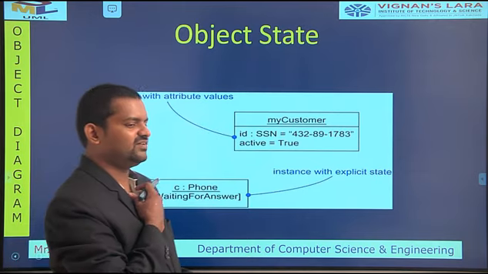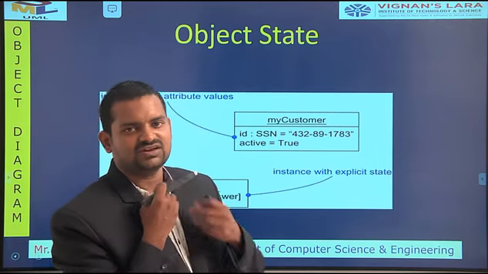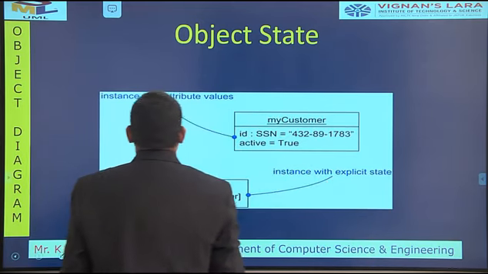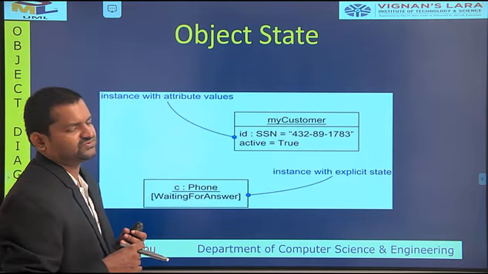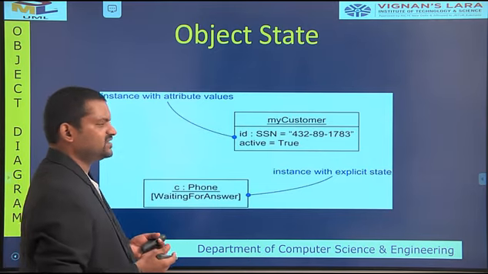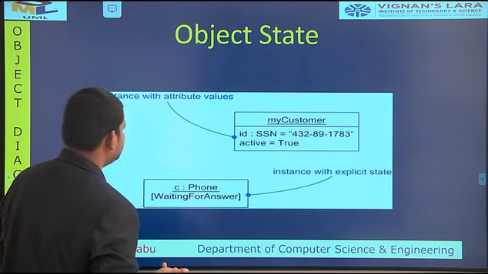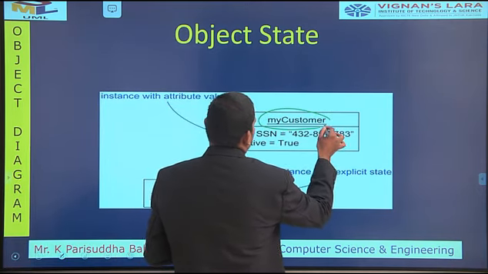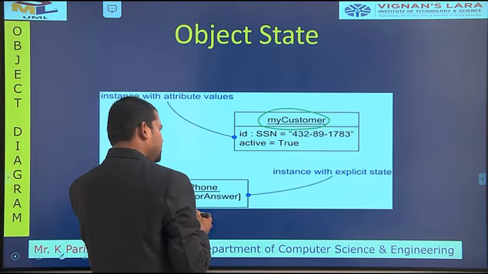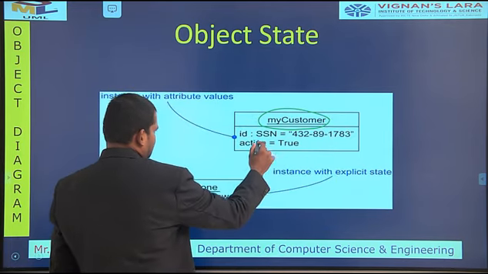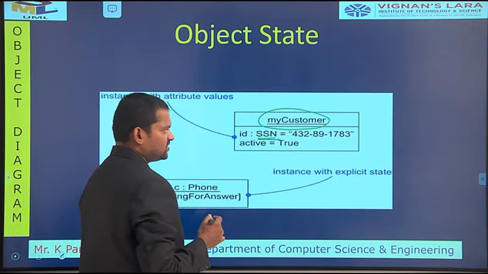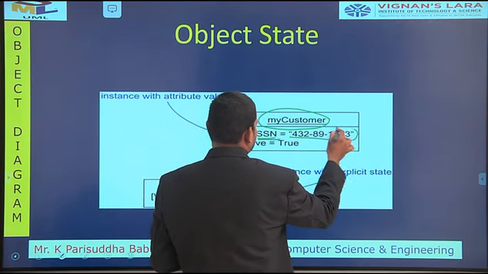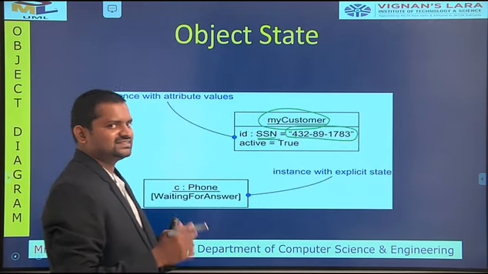And next, object state. Every object also has a state. You represent it as this instance with the attribute values. Simply said, an object with the attribute values is nothing but an object state. My customer is the object name. In this my customer, the ID is the social security number, SSN, and we write that social security number in between quotation marks.